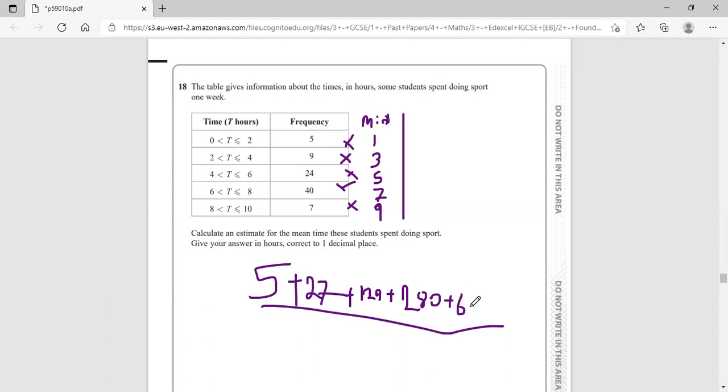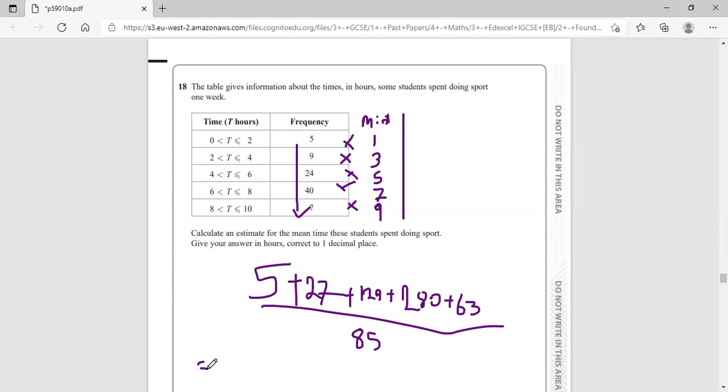Okay, and then we divide that by the total number of students. Sorry, the frequency, so that will be 5 plus 9, so we just add this whole row together, and that will give you 5 plus 9 plus 24 plus 40 plus 7 at the bottom, gives you 85. So divide this whole thing by 85, and that will give you the mean, and we have to make sure it's to 1 decimal place.